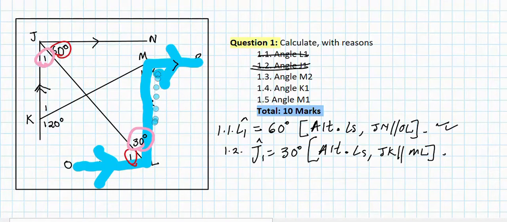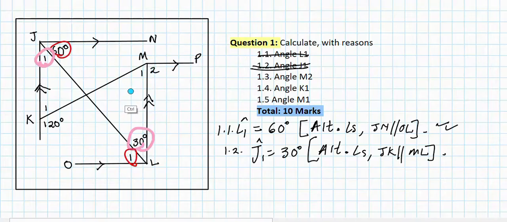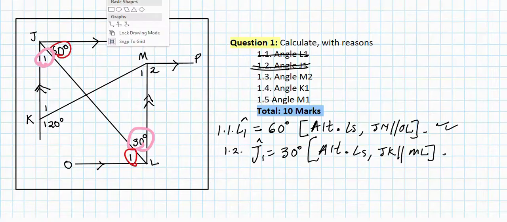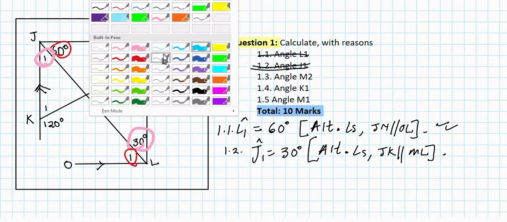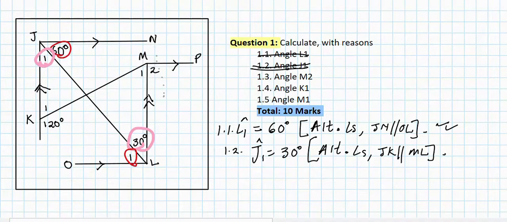Therefore, these are alternating angles. Let's use a smaller marker. We know that angle M2 must be equal to the whole of angle L.